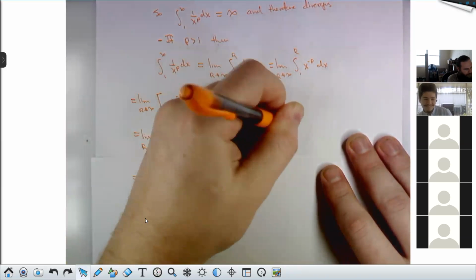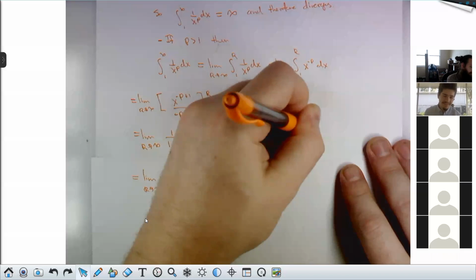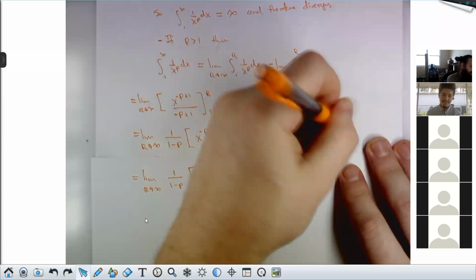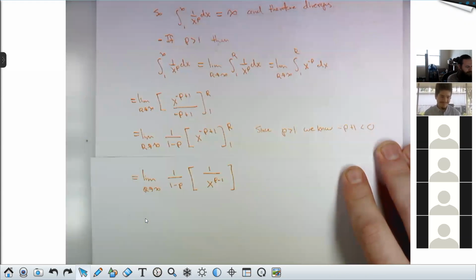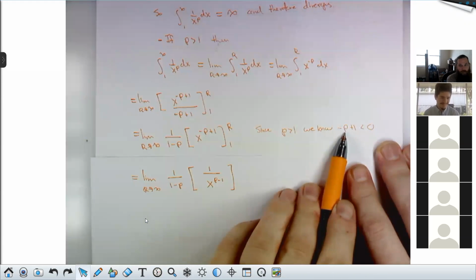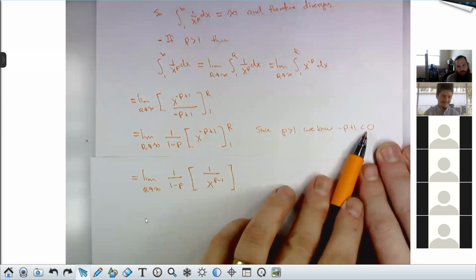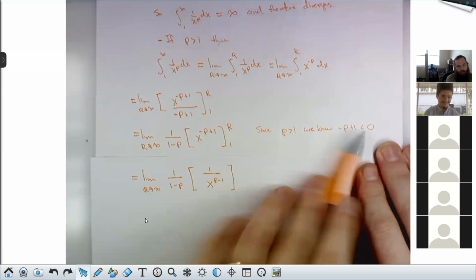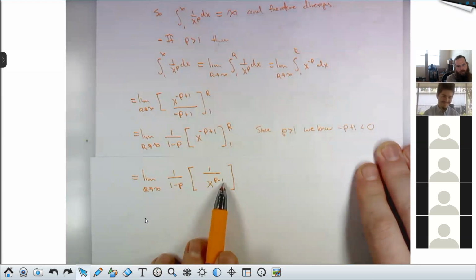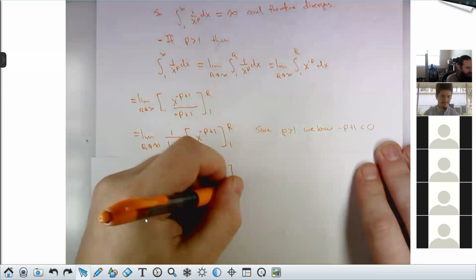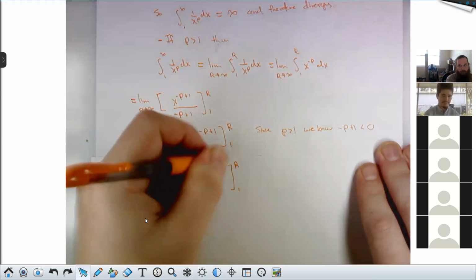Since p is bigger than 1, we know negative p plus 1 is less than 0. Because p is bigger than 1, right? So the negative of p is more negative than negative 1, which means negative p plus 1 is smaller than 0. So this term is really x raised to some negative power. I should put it downstairs. And I'm still evaluating here from 1 to r.